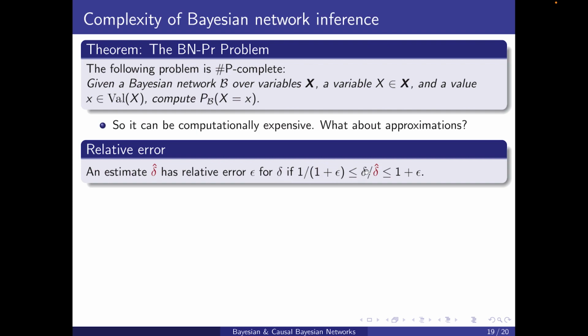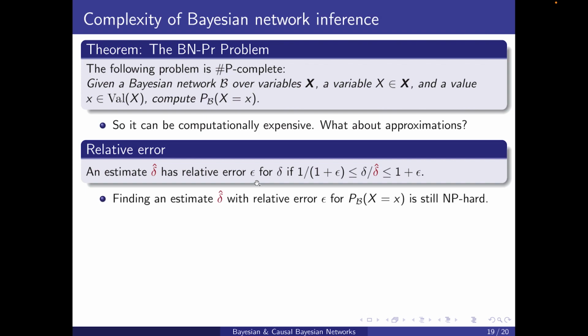If the fraction of delta divided by its estimate is bounded from above by 1 plus epsilon, so it exceeds 1 by at most epsilon, and it doesn't fall short of 1 over 1 plus epsilon, then we say that this estimate delta hat has relative error of epsilon.